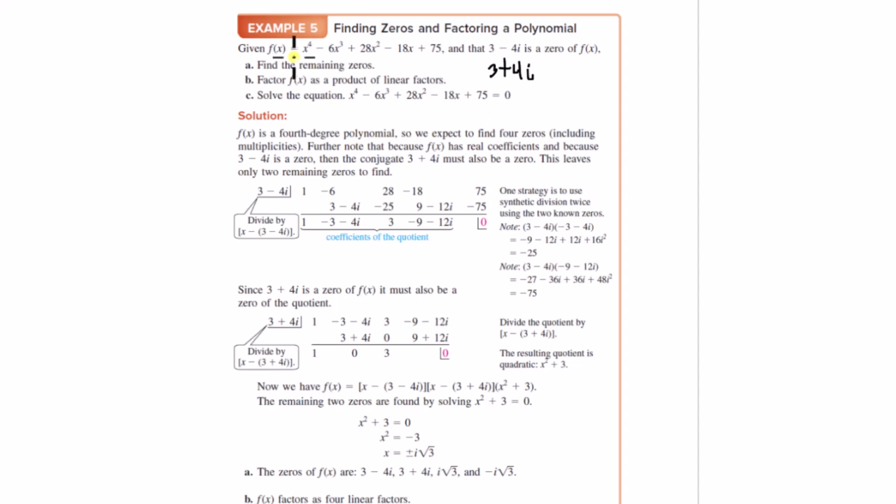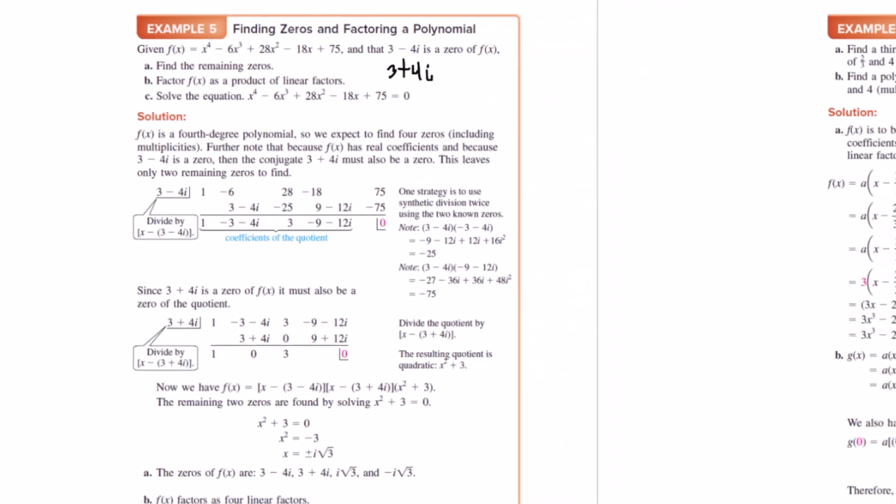That leaves only 2 left to find, and we'll use the rational zero theorem and the factor theorem, the same process as before. What's really helpful is that we can use synthetic division with these 2 roots to take them out and turn this into a quadratic. Then we can just use the quadratic formula.